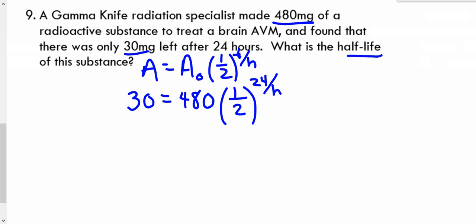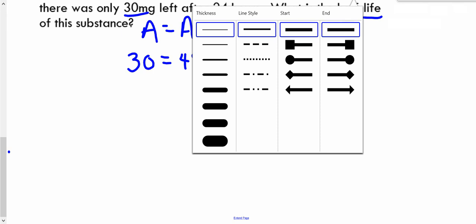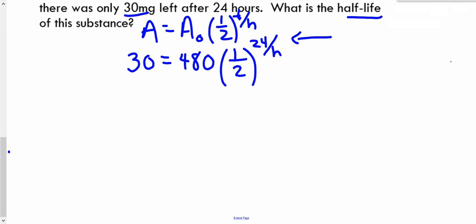So there's my formula. Now let's remember how to solve for an exponent that is a variable. This is going back a little bit to a previous unit where we're going to solve an exponential equation. So SAMDAB tells me to isolate first the term that has the exponent. So this 480 is in my way. So I'm going to divide both sides by 480 to start with, because that's multiplication.